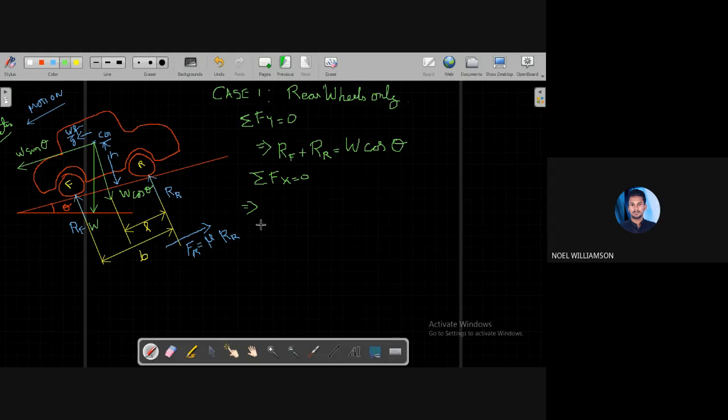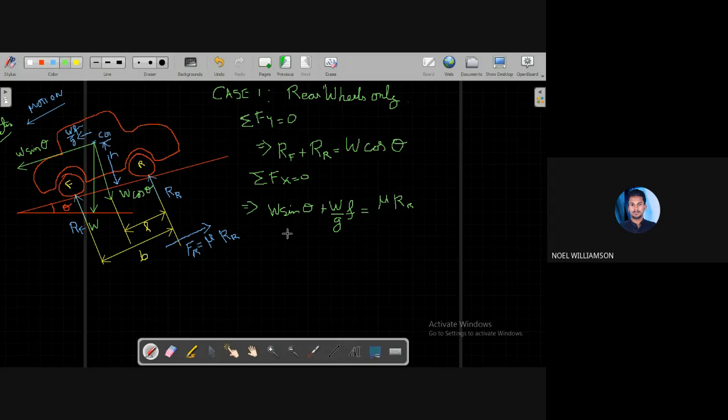We can write W sin theta in the negative direction. Taking both on the left side, the negative values become positive, so we can write W sin theta plus the inertia force W by G into F, which is equal to the frictional force, mu into RR.